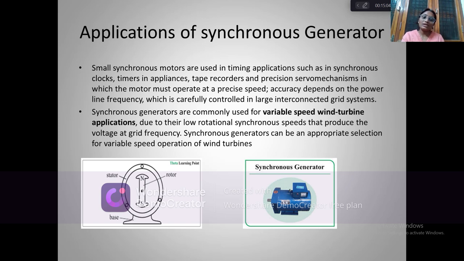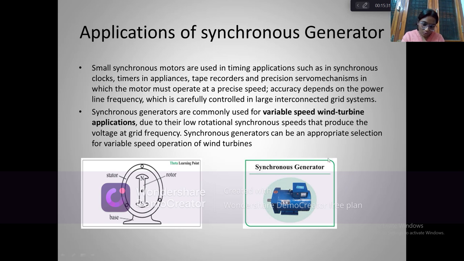Accuracy depends on the power line frequency, which is carefully controlled in large interconnected grid systems. Synchronous generators are commonly used for variable speed wind turbine applications due to the low rotational synchronous speeds that produce the voltage at grid frequency.